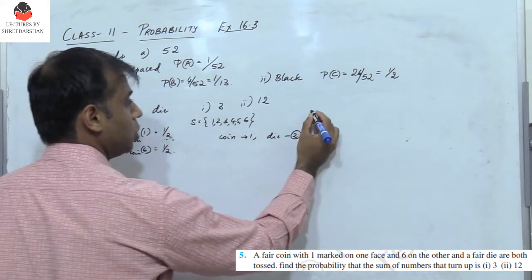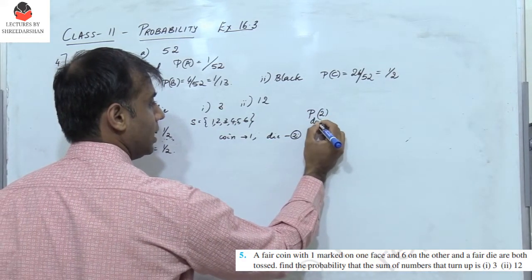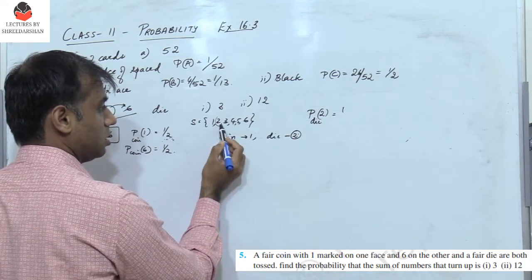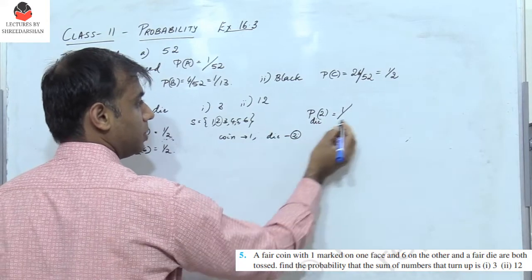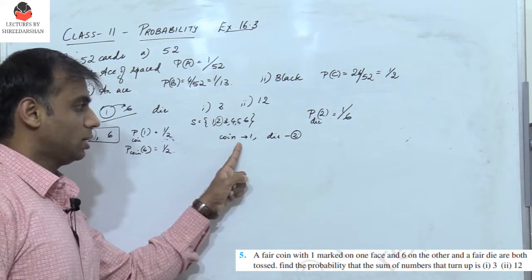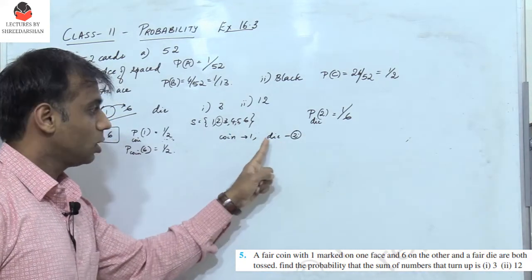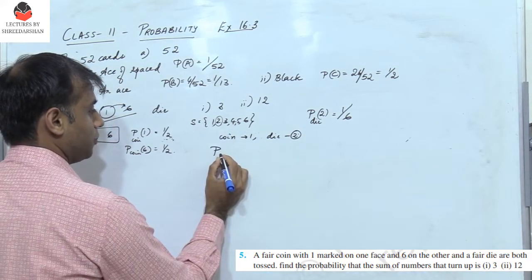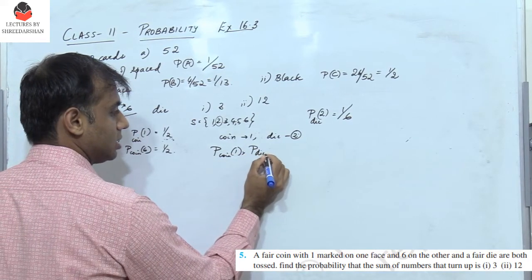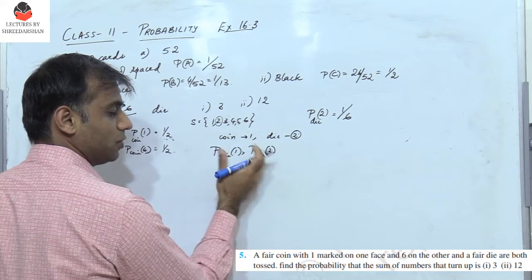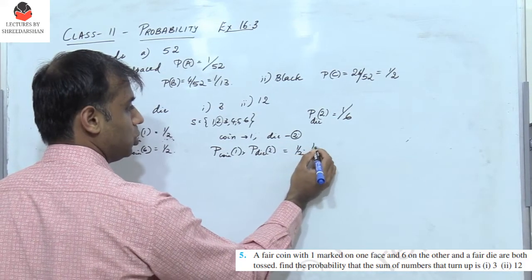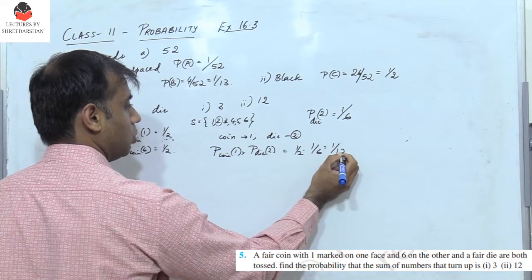The probability of getting a 2 on the die is 1, because there's only one combination, divided by the total number of outcomes, 6, right? So the probability that I get a 1 on the coin and a 2 on the die is the probability of getting a 1 on the coin times the probability of getting a 2 on the die. When I add up both of them, I get 3, right? So you multiply the probabilities: 1 by 2 times 1 by 6 gives 1 by 12.